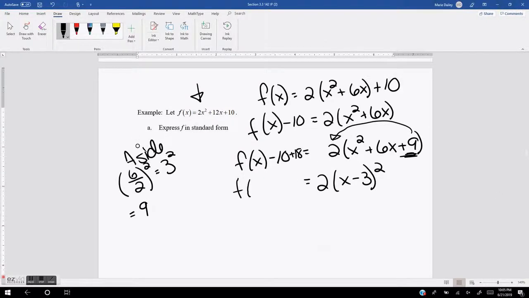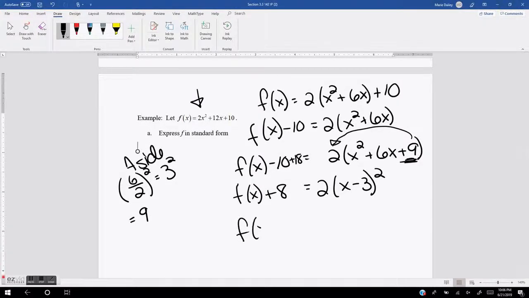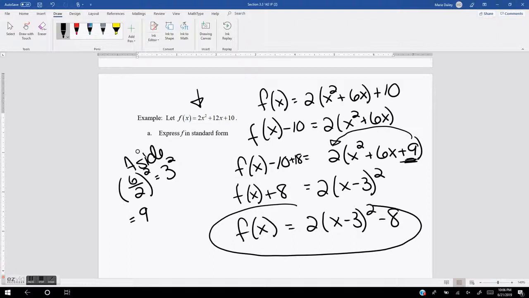This gives me f of x plus 8 equals 2 times x minus 3 squared. And then to finish off in standard form, we're going to subtract the 8 over to the other side. So now this is officially in standard form.